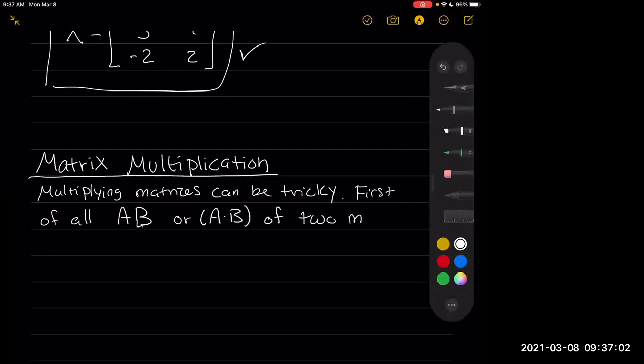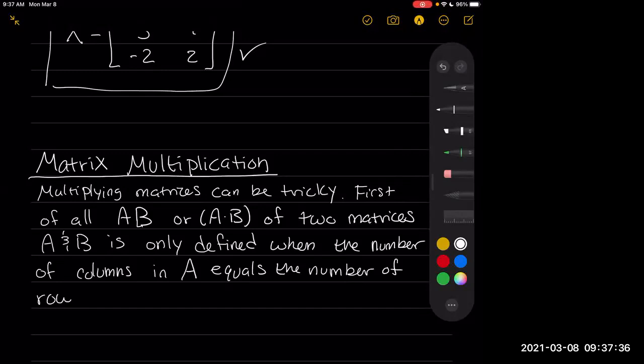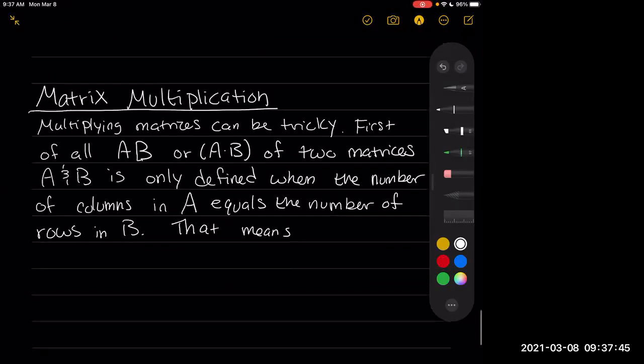Of 2 matrices, A and B, is only defined when the number of columns in A equals the number of rows in B. So that means if we have A, which is an M by N matrix, times B, an N by K matrix, this inside term here, these need to equal each other.